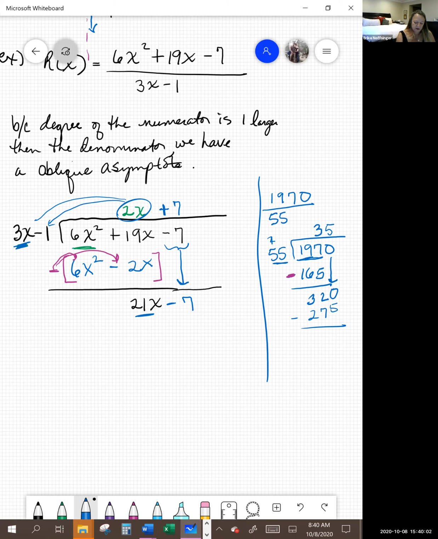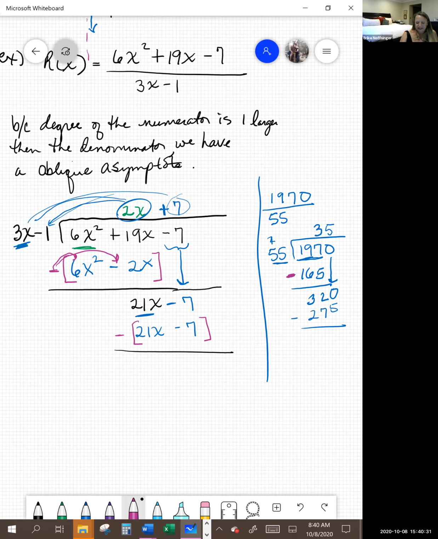So distribute our 7. We get 3x times 7 is 21x, and 7 times negative 7 is minus 7. And we're going to subtract it off. So we have to subtract off the whole expression, 21x minus 7.